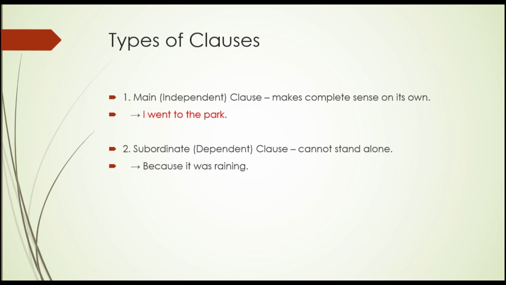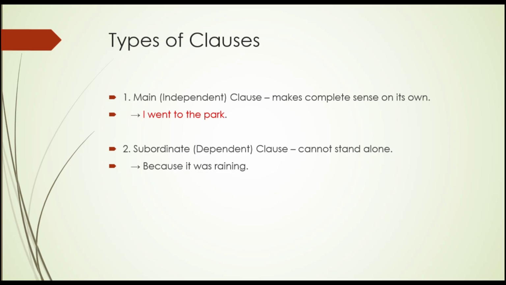Now, the subordinate clauses have different types as well, and we're going through them right now. The subordinate clause includes a subject and a verb, but it's missing the complete thought, or the complement that completes the meaning of the sentence so it can be understood.